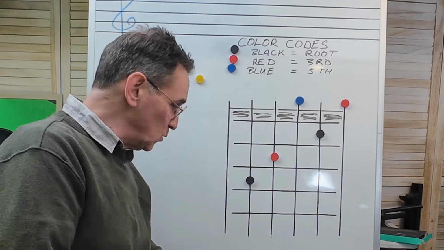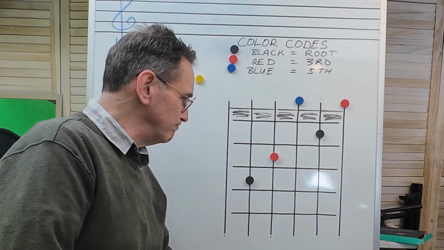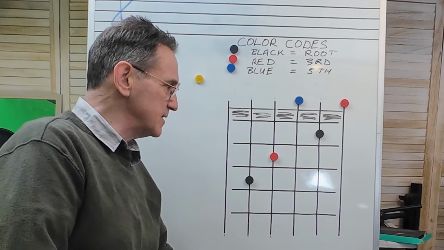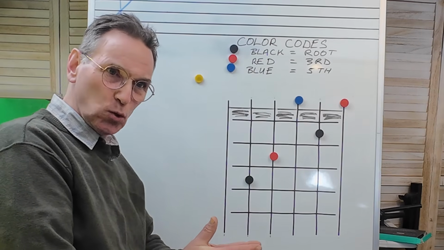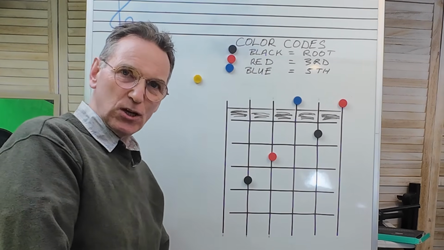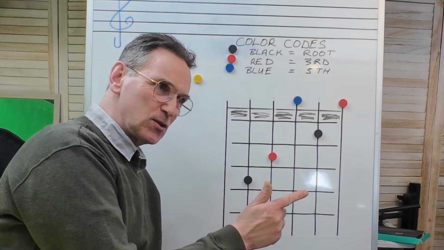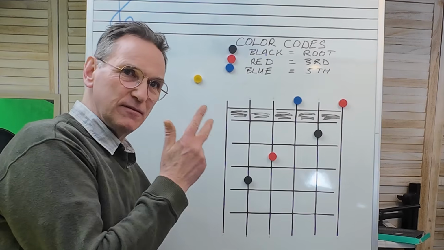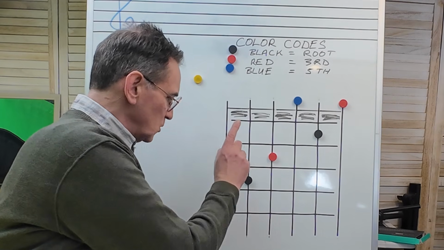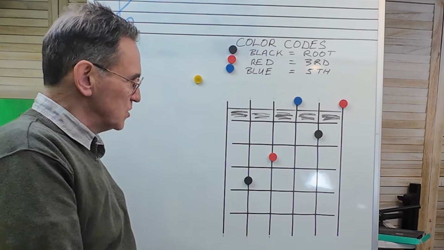But what we're going to be doing in this episode is taking a look at minor chords. Now, the way minor chords are constructed is you have a root note, you have a minor 3rd, and then you have the 5th on top of it.